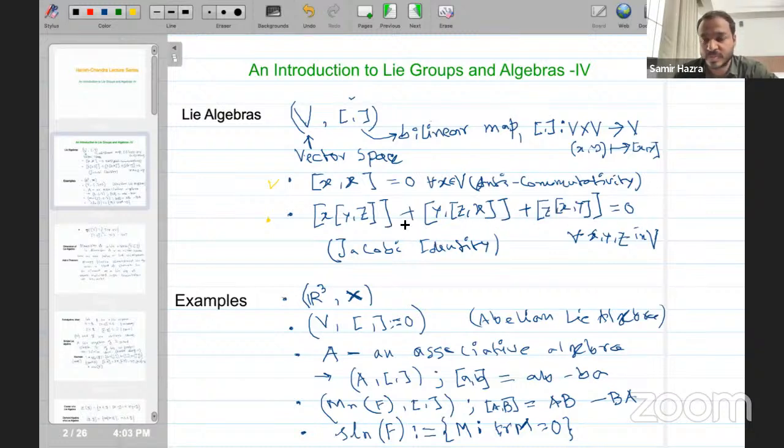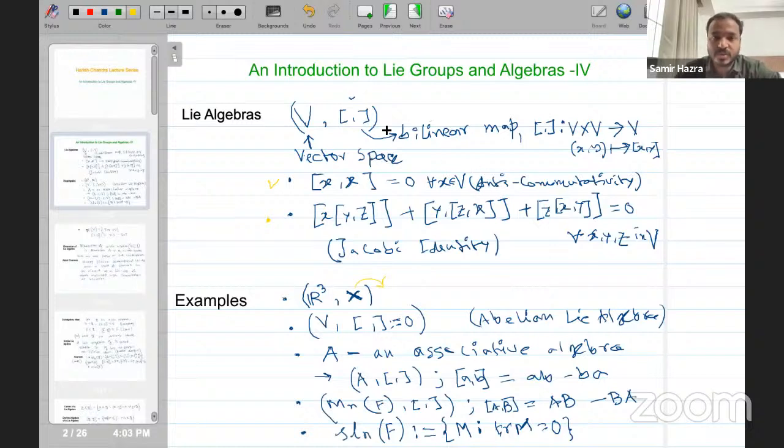Such things we have already seen in school mathematics or physics, I think. If we take R3 with the cross product, then with respect to the cross product, the vector space R3 becomes a Lie algebra. Most of the Lie algebras we have seen in the last lectures were defined over the reals, because they appear as Lie algebras of Lie groups, and Lie groups are, of course, real Lie groups.